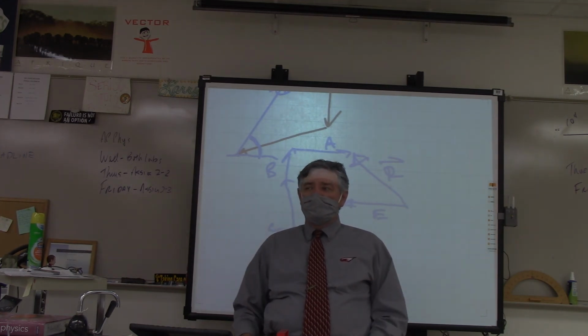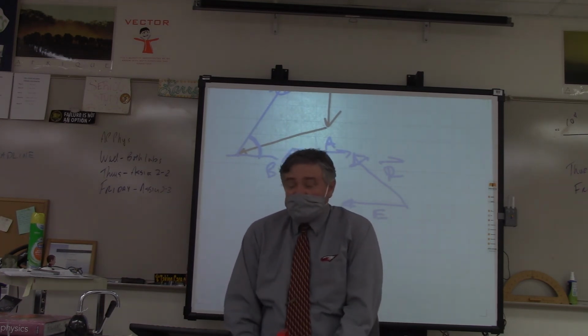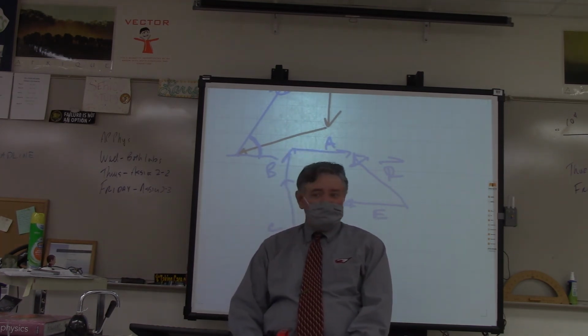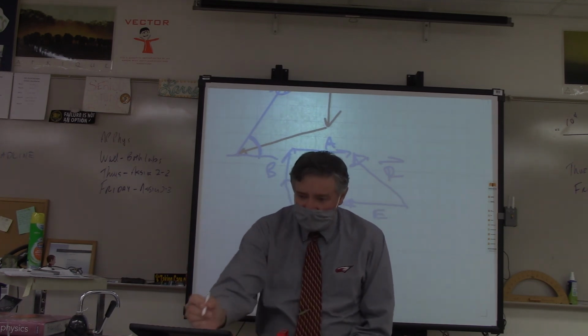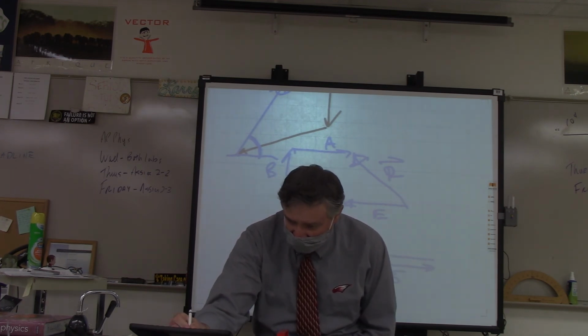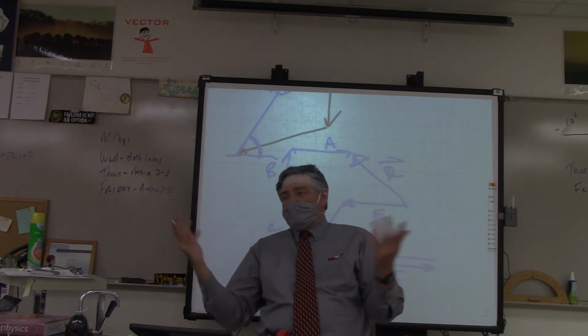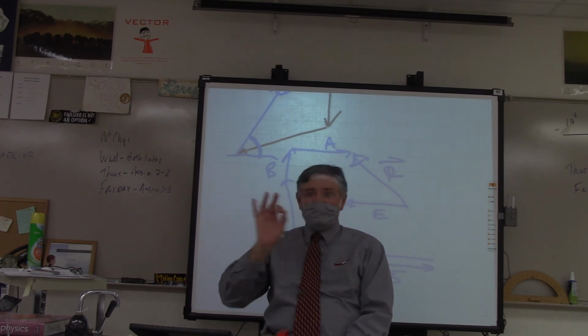I had a question about the labeling on number 6. Yeah, there just isn't one. There's no angle. There is no result. On number 6, there's nothing to label, because if you took 5 steps out this way and then came back 5 steps, you didn't go anywhere. So there's nothing to draw. There is just no resultant.